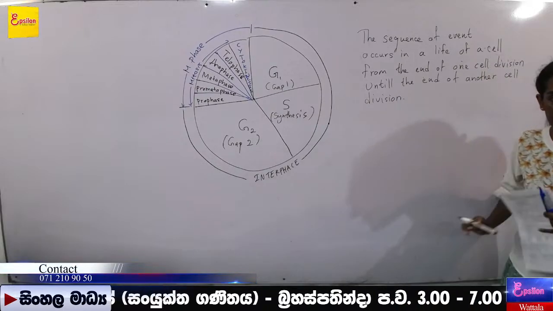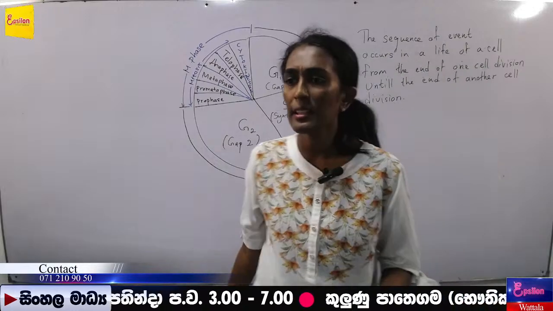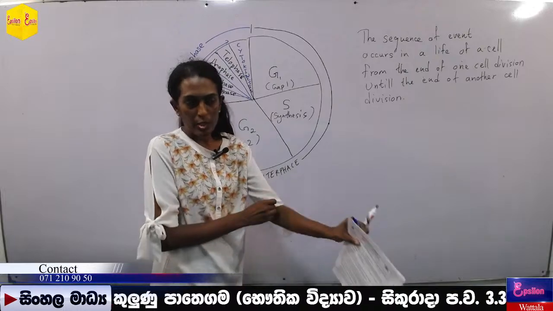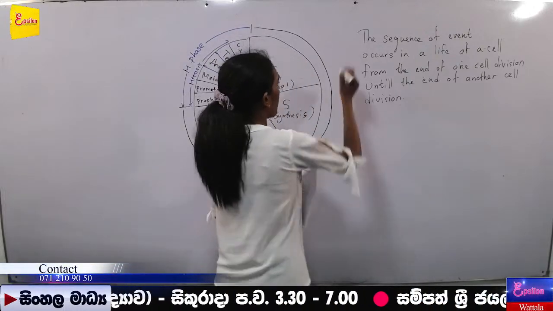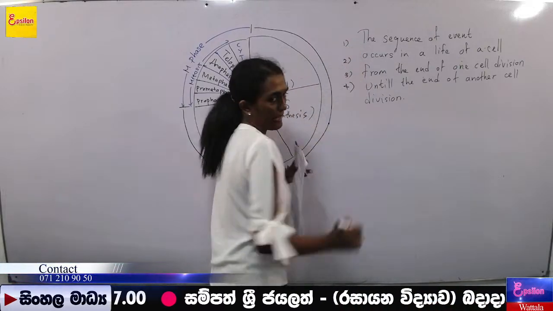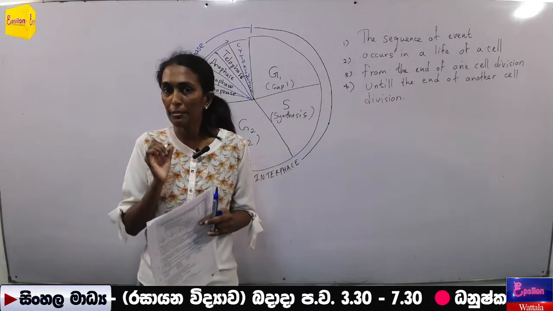Now, isn't it easy to break a big definition into pieces to study? That's how we should study. Say you are going to study this one more time. You put numbers here, 1, 2, 3, 4, the parts. You take a piece of paper, write it, and check all four parts are there.